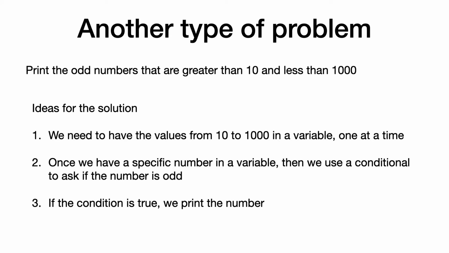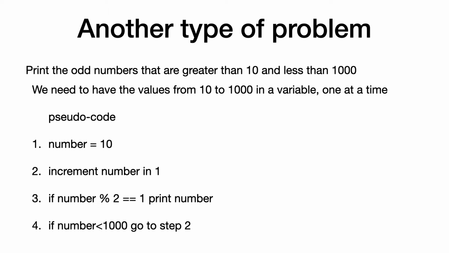Once we have those values in the variable, then it is simple, because it's similar to the previous algorithms that we already solved. If we have the number, we just use a conditional to ask if the number is odd. In the case that the condition is true, then we just print the number. Those last two steps, we already know how to do.